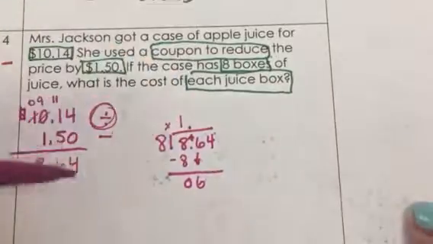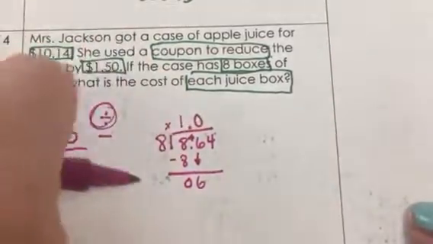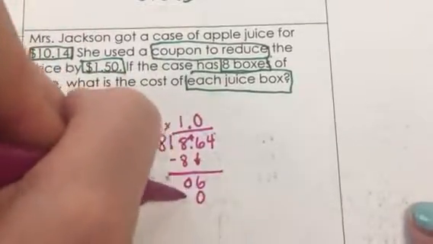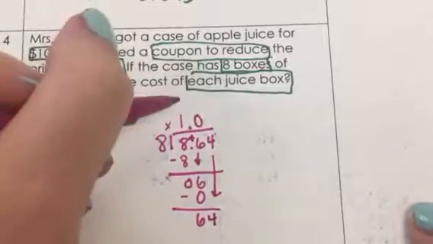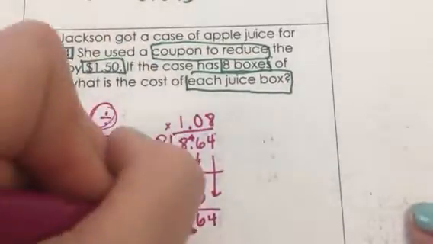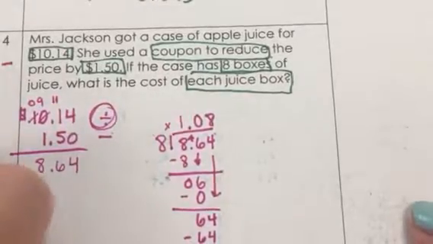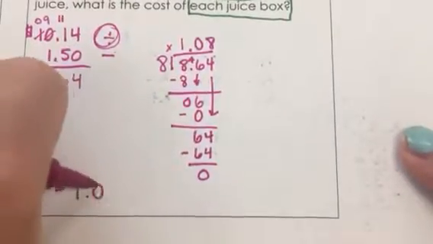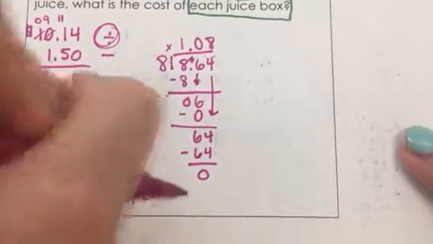Bring up your decimal point. 8 can't go into 6, so that's going to be 0 times. 8 times 0 is 0. Bring down your 4. 8 can go into 64 8 times. 8 times 8 is 64. You have a 0. So each box is $1.08 per juice.